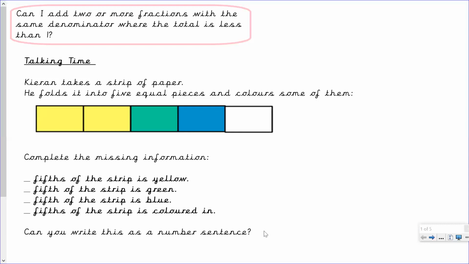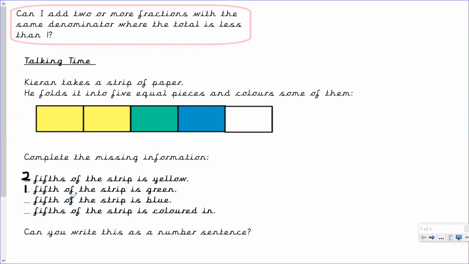Okay, so how many fifths of the strip is yellow? Well, it says fifths, so our strip is divided into 5 equal parts, and we can see that 2 fifths is colored in yellow. How many fifths of the strip is green? 1 fifth of the strip is green.